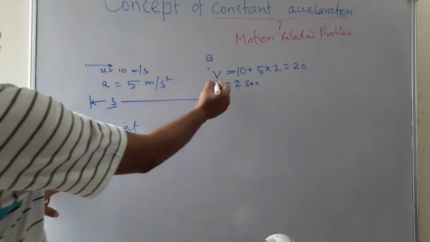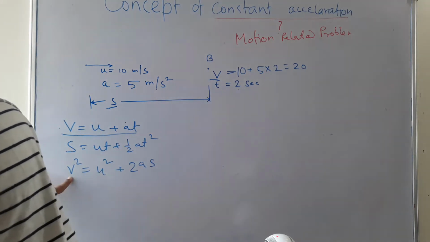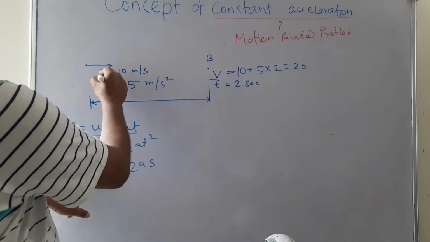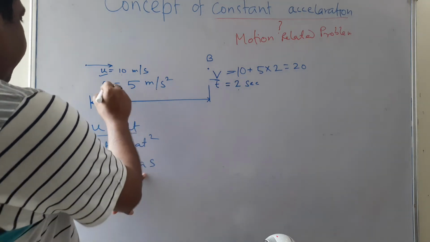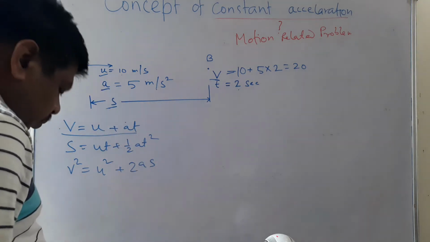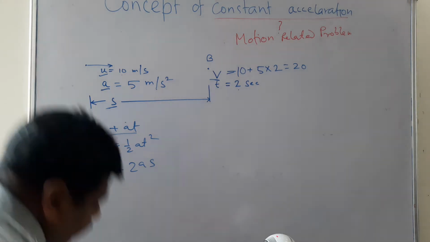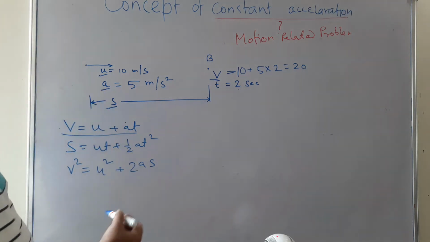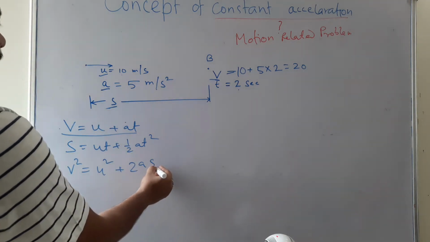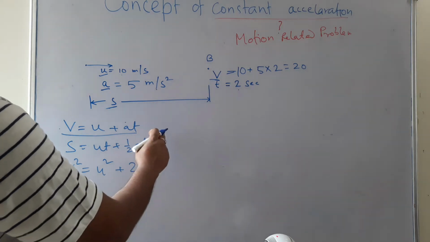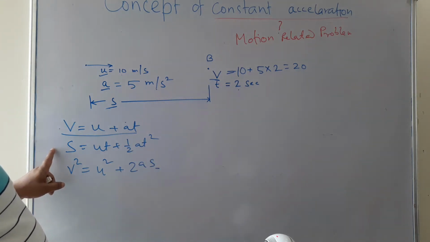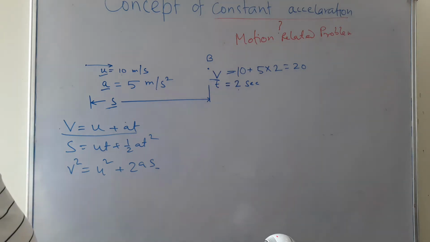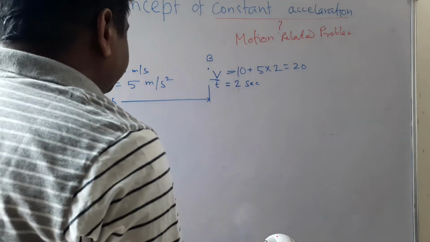You know this v, you know u, you know a, so you can calculate s from these equations. Either of the equations you can use to find out s. This is your homework, you can calculate it yourselves.